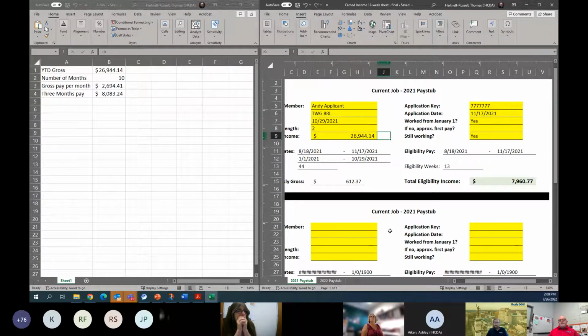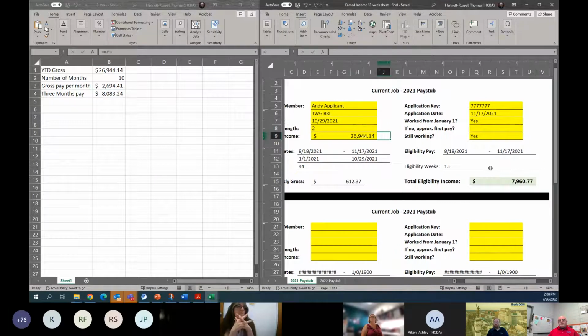In this case, this was a single applicant household. The LSP did use the 3 most recent complete month method. When I reviewed the file, they did come up exactly with this figure of $8,083.24. The person would have been over income regardless of which method they used.